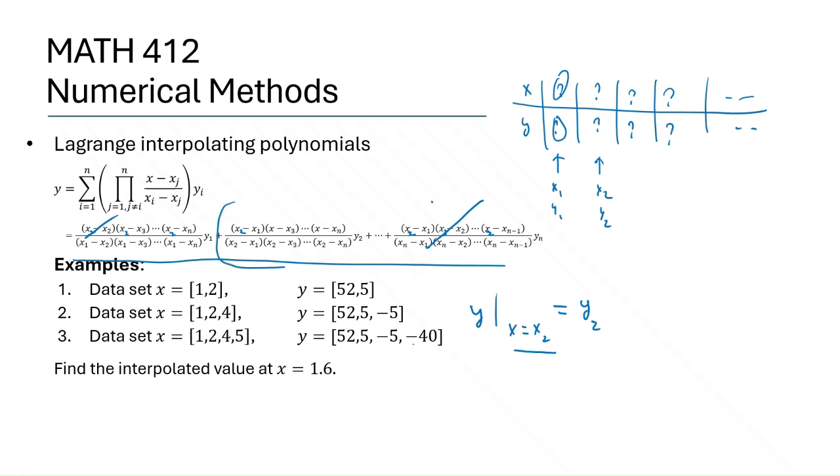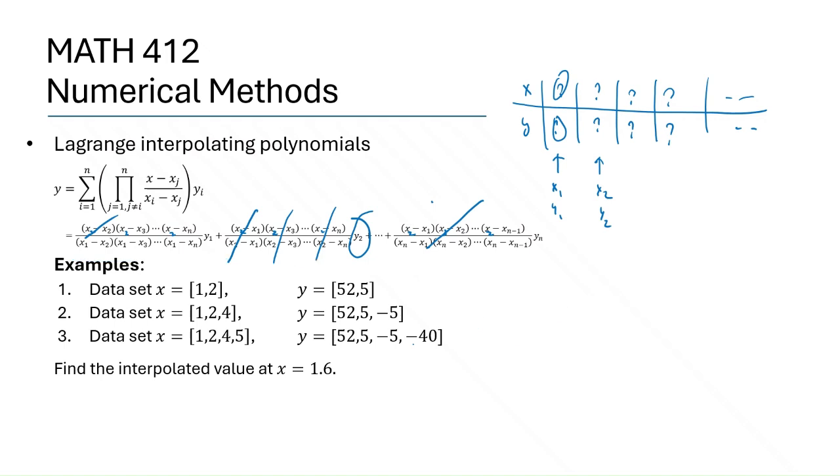Only the second term doesn't have it, and now the x sub 2 terms cancel out. Yes, you get y2. Only y2 survives, its coefficient is 1. So you can verify with all other points. That's why it's such a smart design or construction.